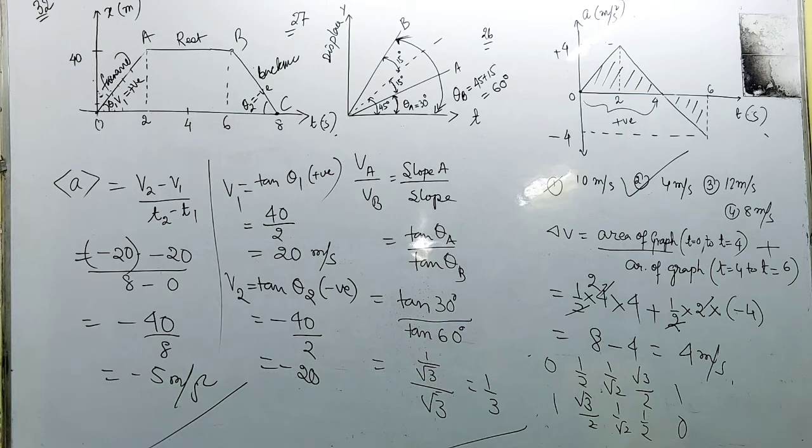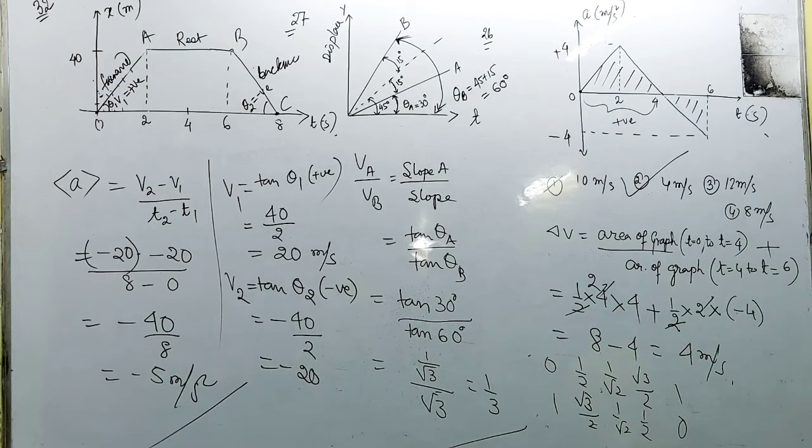We have a displacement time graph, and the body undergoes motion for the first 2 seconds, moving forward. What is the displacement produced in the first 2 seconds? 10 meters of displacement produced.